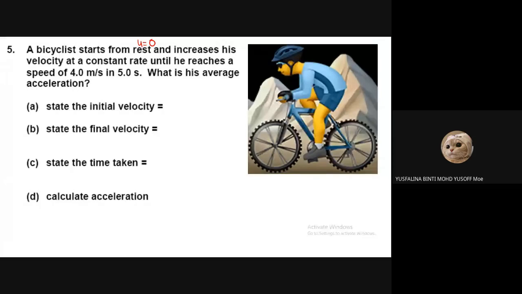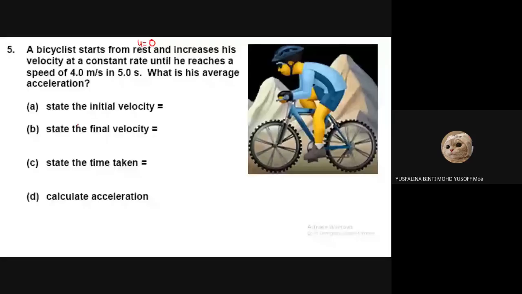So it keeps cycling until it reaches 4 meters per second, which is V, V is 4.0. How many seconds does it take to change from 0 to 4? It is 5 seconds, so T is 5.